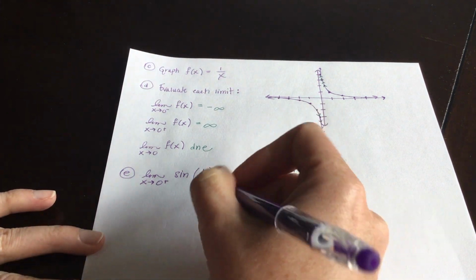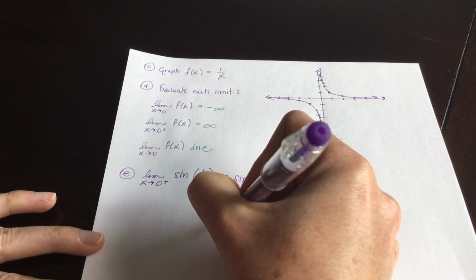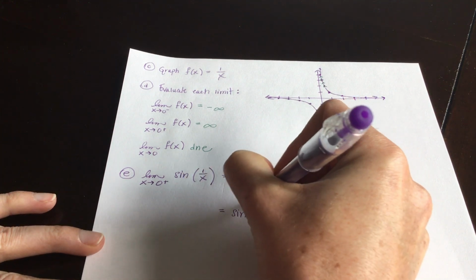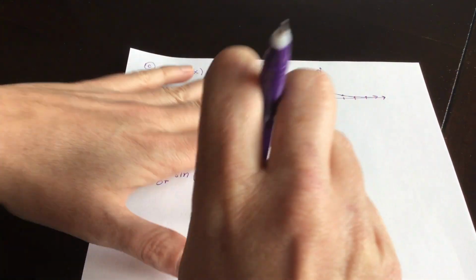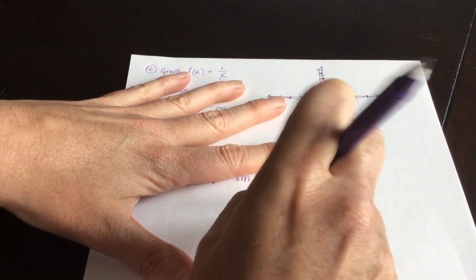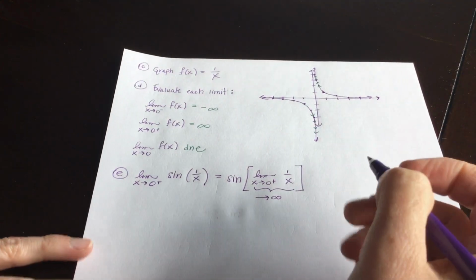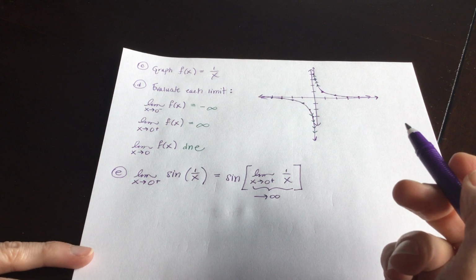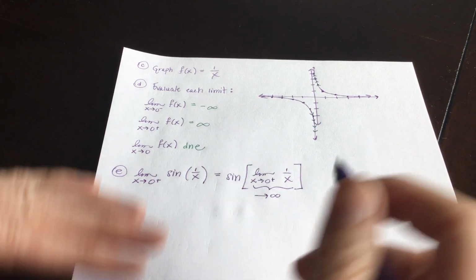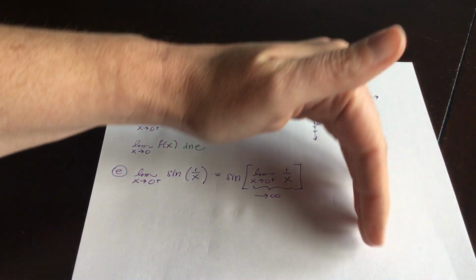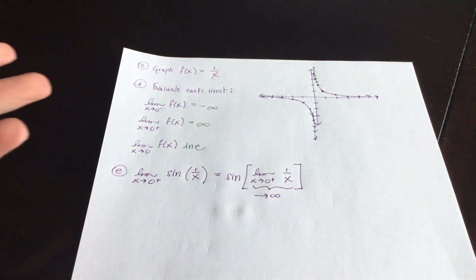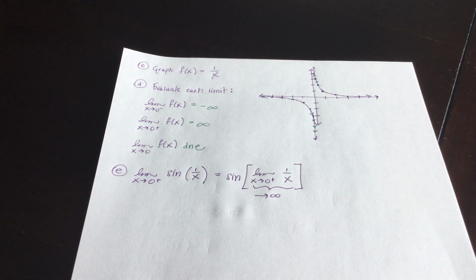So basically, you're taking the sine of something that is approaching infinity. So picture the sine wave. What does the sine wave do as it approaches infinity? The sine wave just keeps oscillating between -1 and 1.